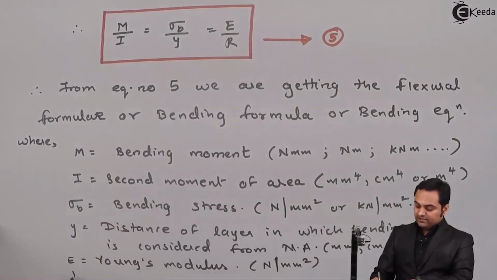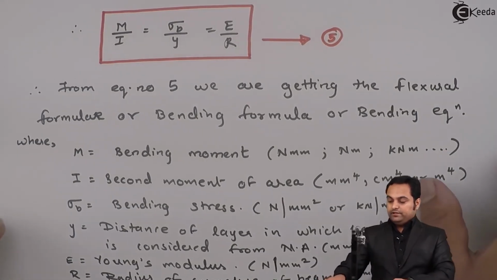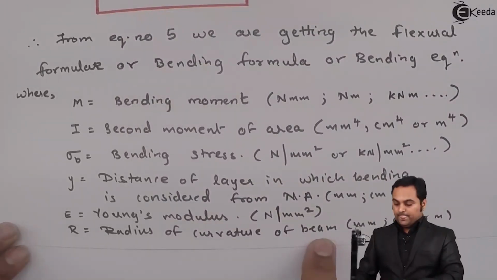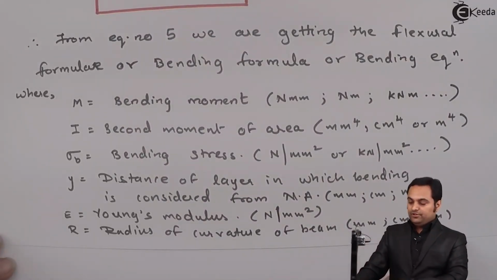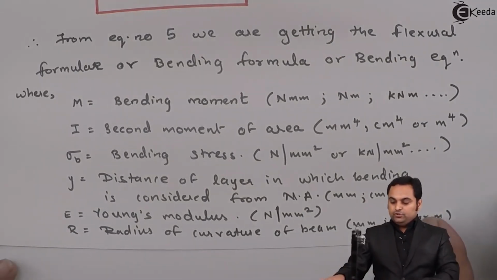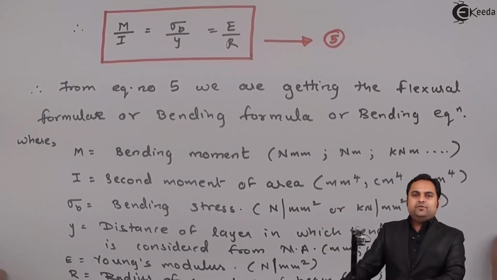At last we have capital R, which is called as radius of curvature, and that radius of curvature of the beam will be in terms of mm, centimeter or meter, and it is the arc which is formed when the beam gets bent. So here in this video we have seen what is the flexural formula and how it is derived.